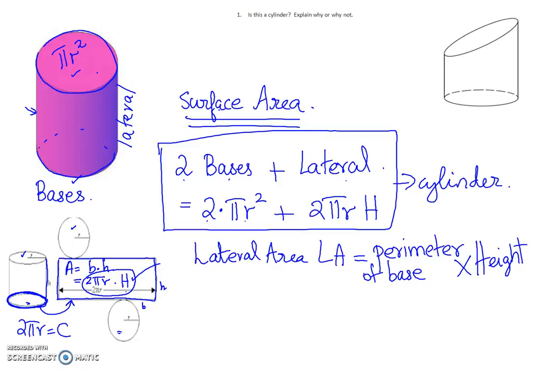The last formula we want to discuss is the volume formula. The volume formula is a general formula that works for every prism: base area times height of the prism.